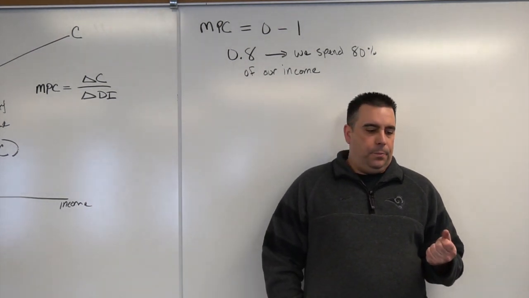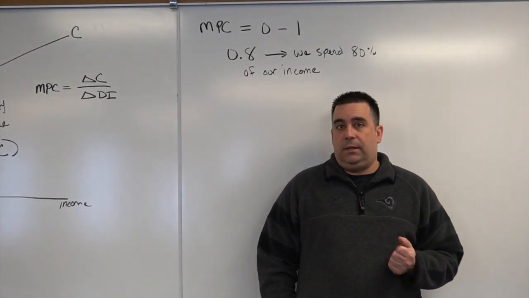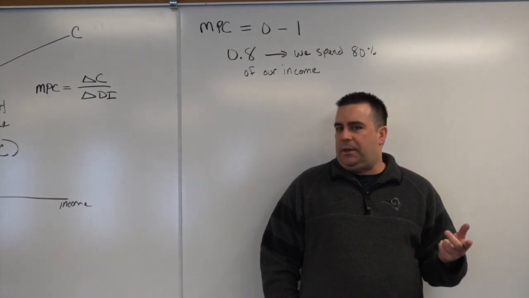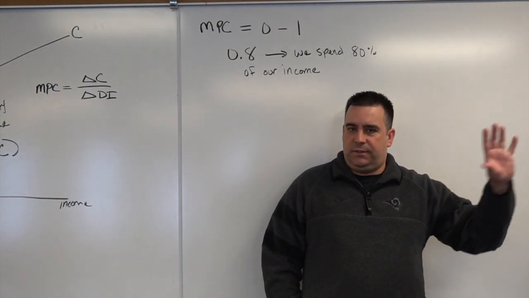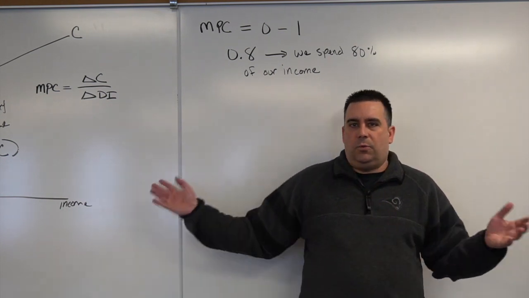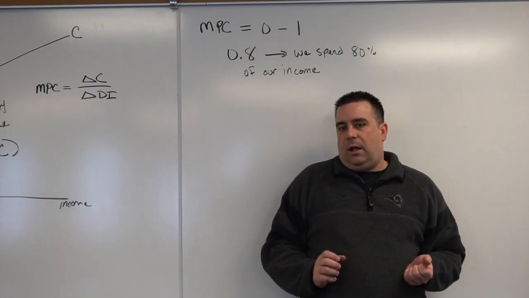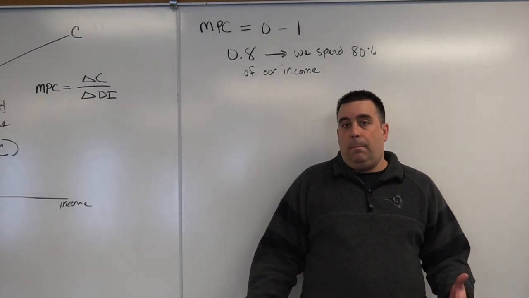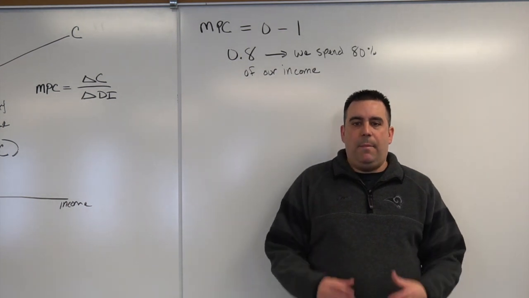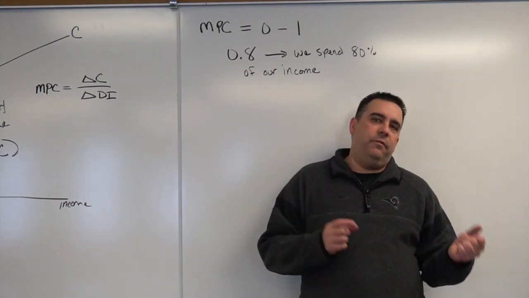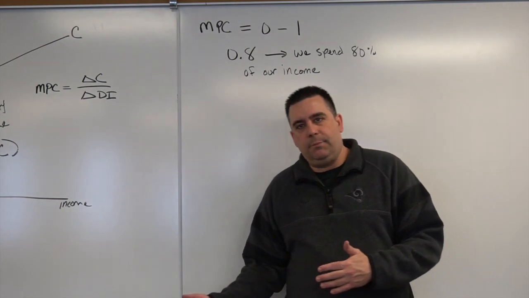For example, do you include credit card spending? When we made our money list before, credit cards were never on our money list. We don't necessarily consider them money. We consider them a measure of debt. However, it is still consumption.